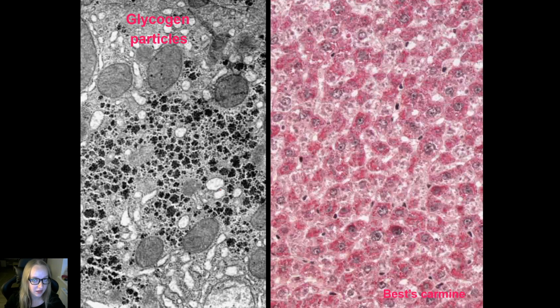And the next inclusions are glycogen particles, which are electron dense particles. Glycogen is a polysaccharide, so the main storage of saccharide is glycogen. These particles are smaller, below the level of the light microscope, but they clump together.